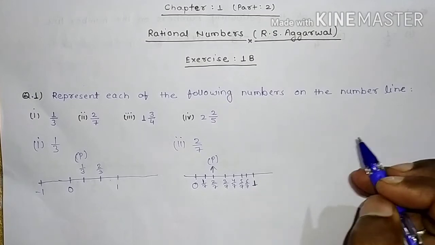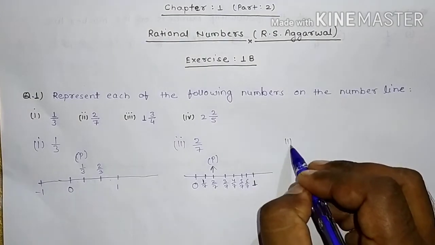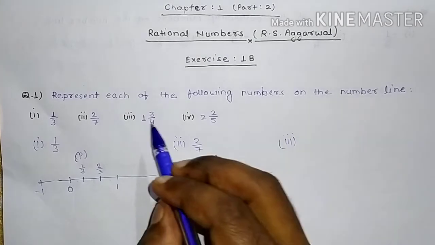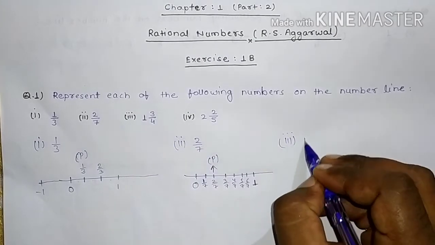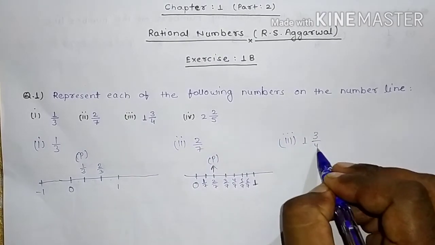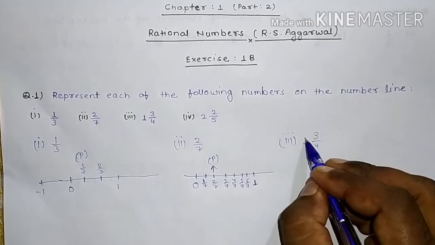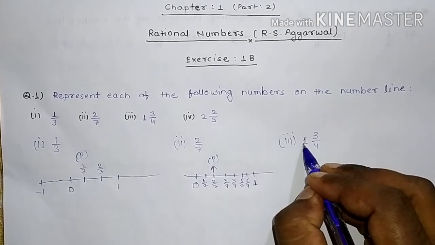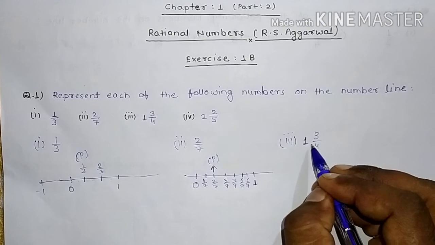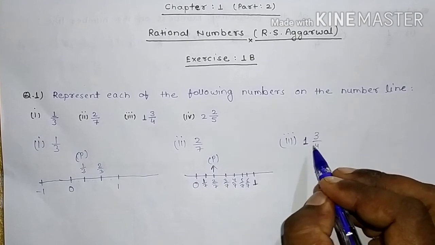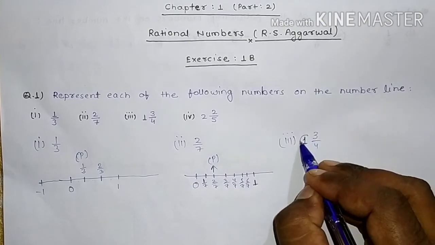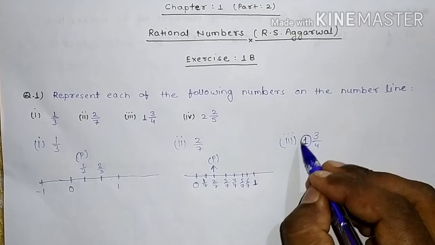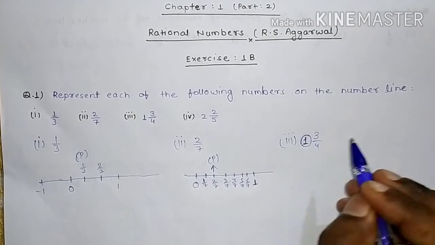Now question number 3. Again 1 3 by 4. So here this is different form. 1 is written here as a whole number. So 1 3 by 4, that means 1 shows here this point lies between 1 to 2.